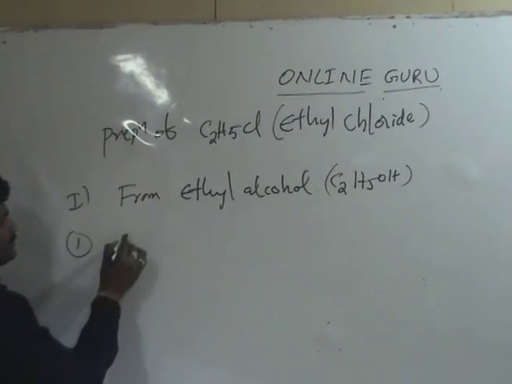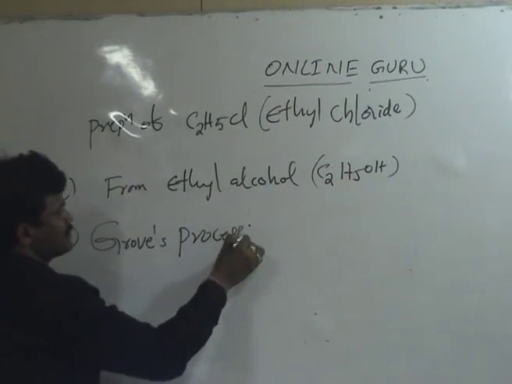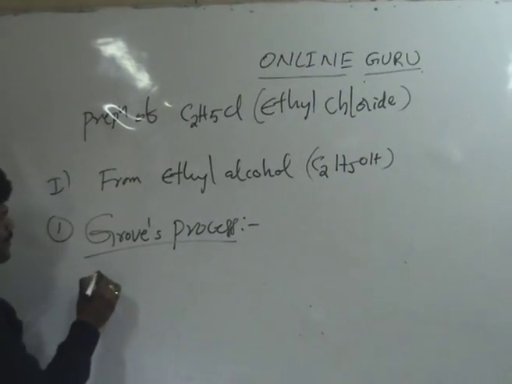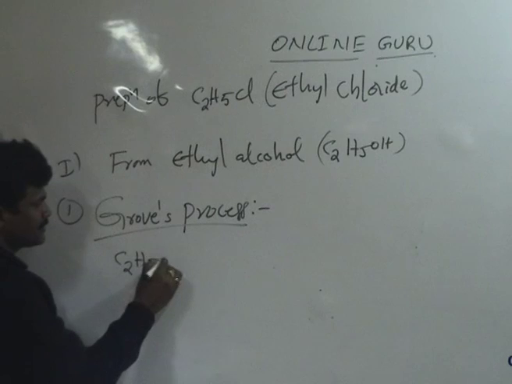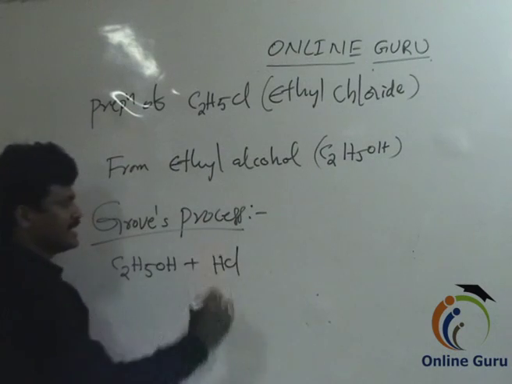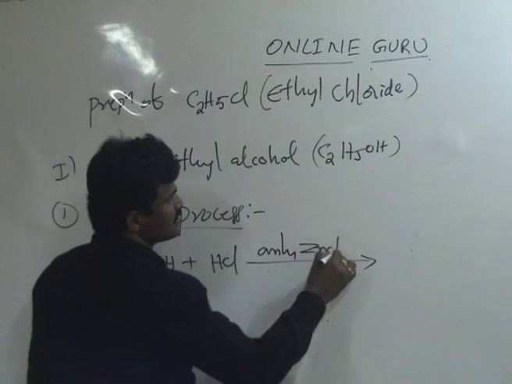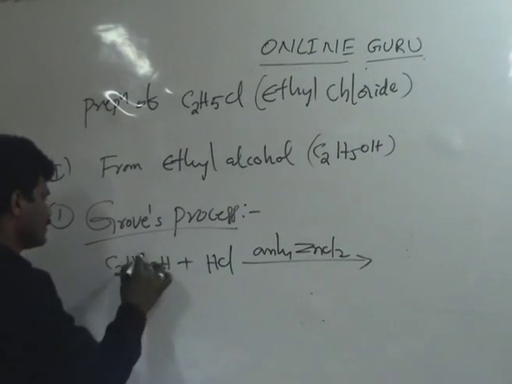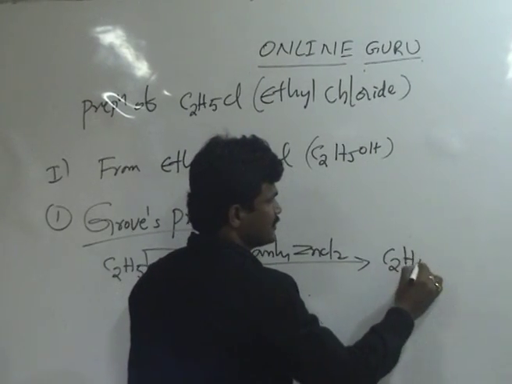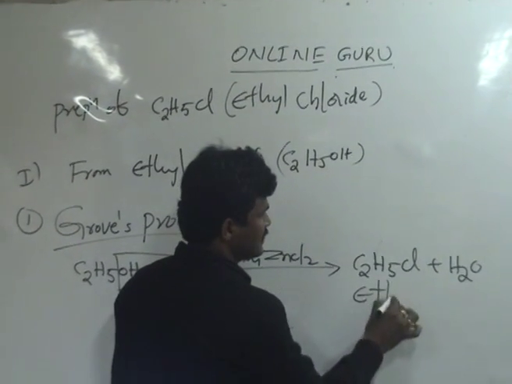First process, the Groves process. In this process, when ethyl alcohol reacts with HCl in presence of anhydrous ZnCl2, it produces ethyl chloride, C2H5Cl.